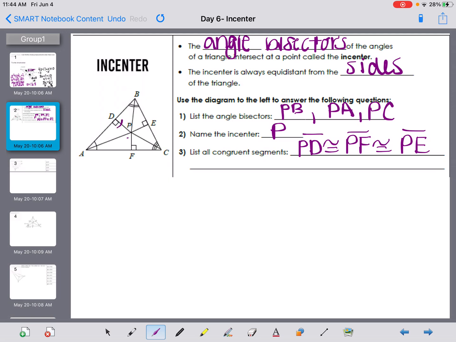So here, here, and here. They are always equally distant from the sides. Then with an angle bisector, I know that my sides are going to be congruent. So AD is going to be congruent to A.